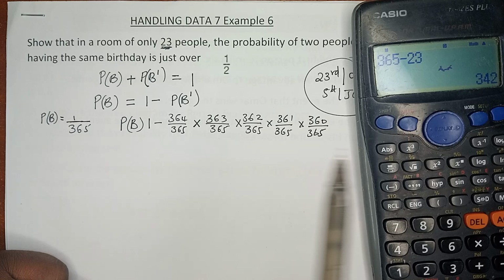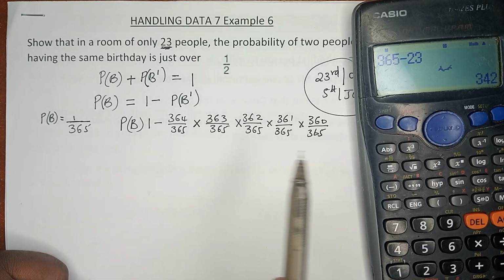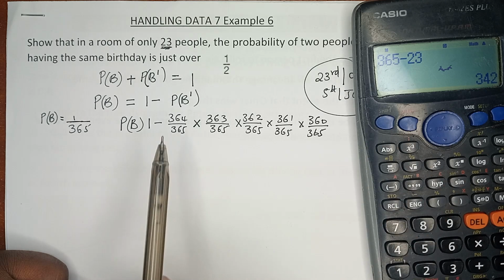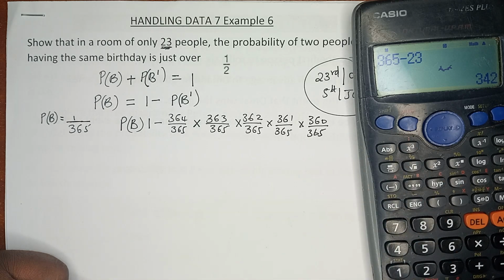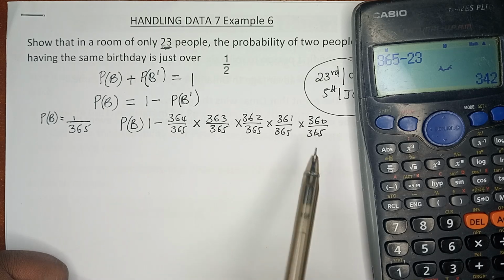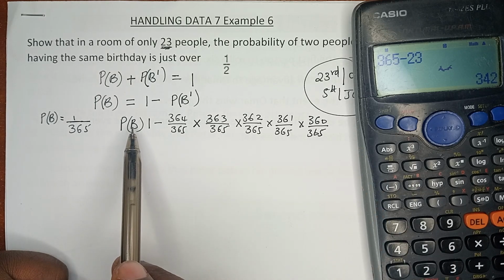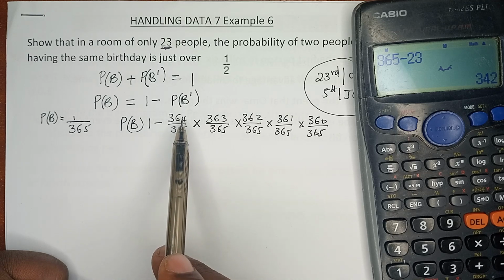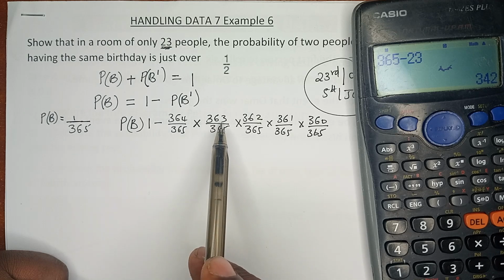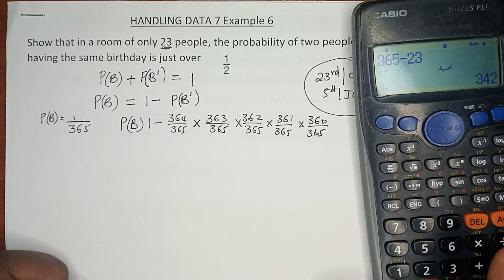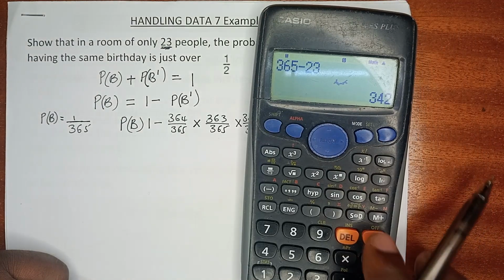So 23 people reduces the number of days by 20 what? Is it 24? Let me say that again. 2 people, the first and the second one, reduce the number of days by 1. 3 people reduces the number of days by 2. So 23 people will reduce the number of days by 22.